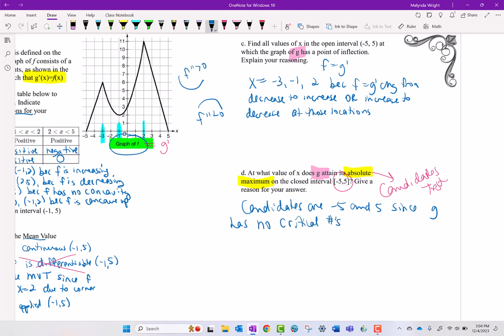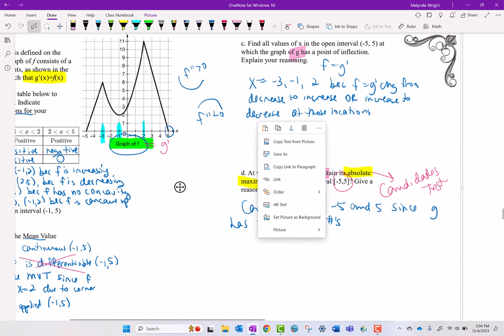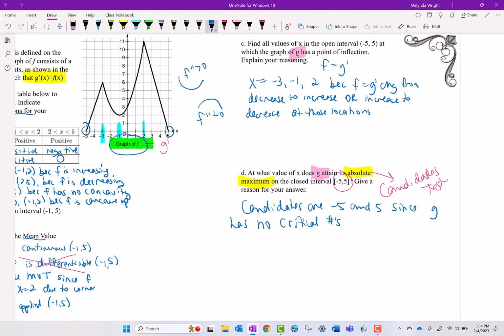It basically just has the zeros at -5 and 5, which are endpoints as well. So I know that's kind of weird. They're endpoints and they're at 0. But I'm just going to call them endpoints. Okay, candidates are -5 and 5 since G has no critical numbers, I guess we would say other than -5 and 5, where G prime equals 0. Okay, we'll just be specific. All right, so that's all we got.